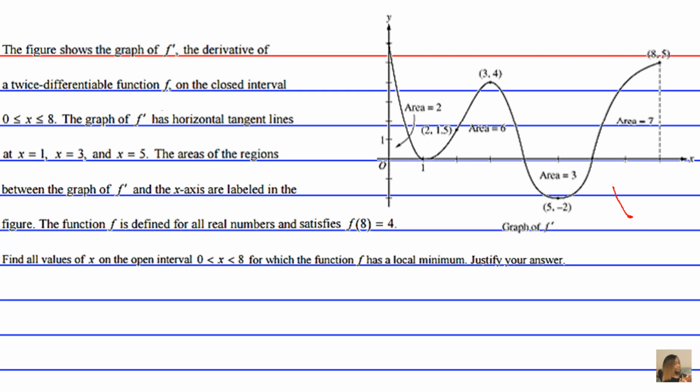So you might have the function dipping, but then it becomes 0. That means it's horizontal, not changing. But then if it becomes positive again, it's taking a turn for an increase. So therefore, you would have a local minimum at the 0 point. All right. So the only place that fits this criteria is when x = 6.